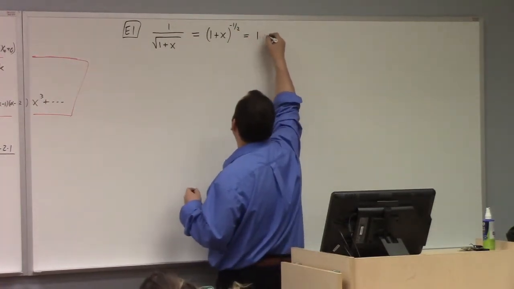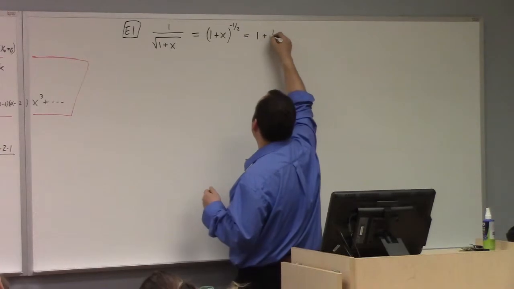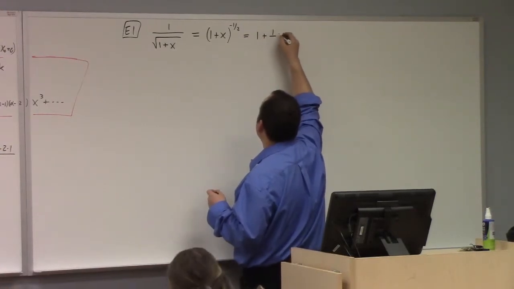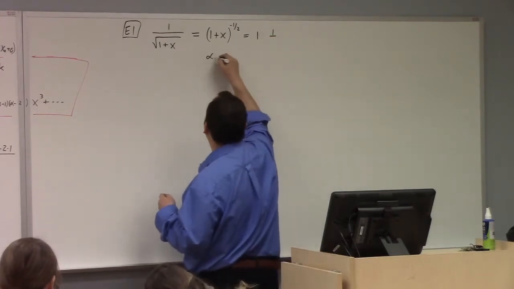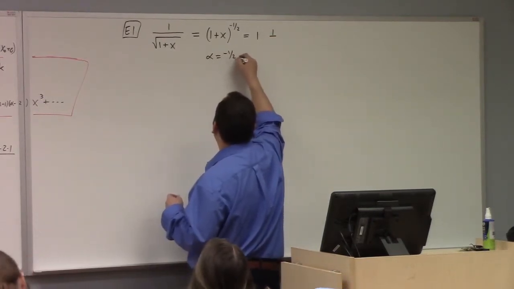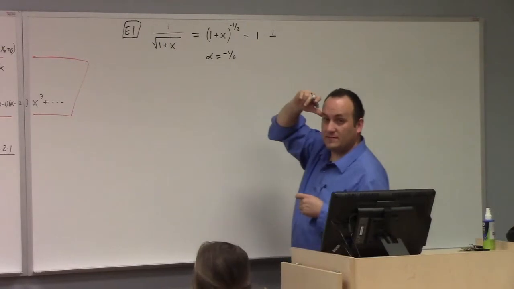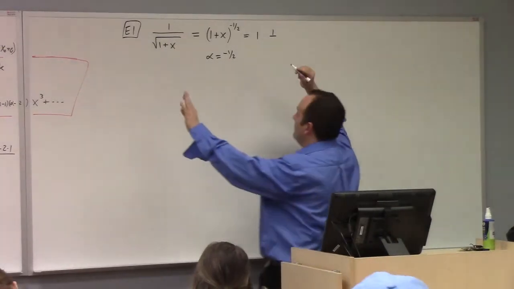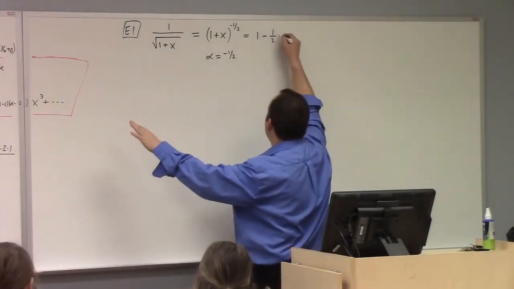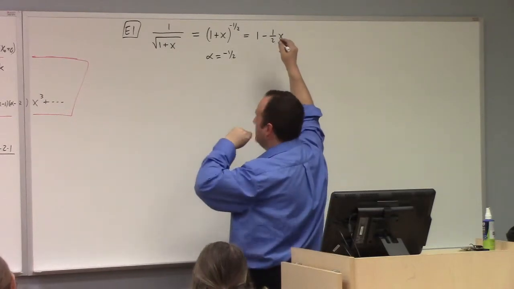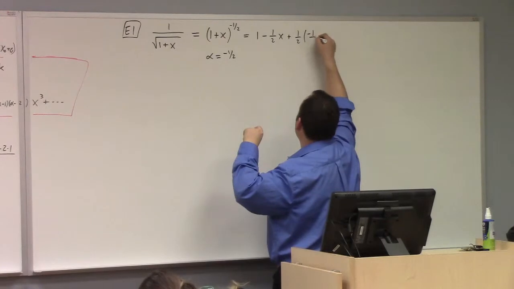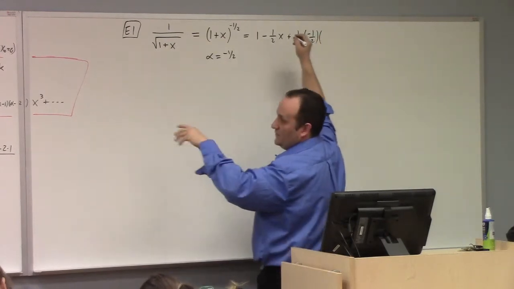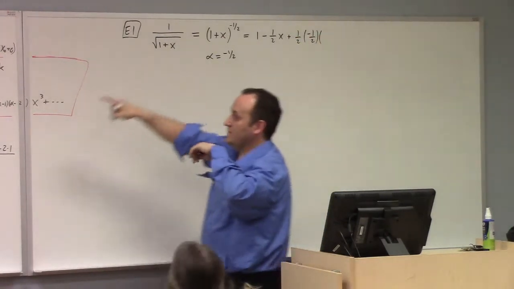So the first 3 terms in this are what? 1 plus 1/2. Oh, wait a minute. I can't do math. What is alpha? Alpha's minus 1/2, right? So I go 1 minus 1/2 x. What comes up next? Plus 1/2, I'll do some parentheses, minus 1/2. And then what's minus 1/2 minus 1?